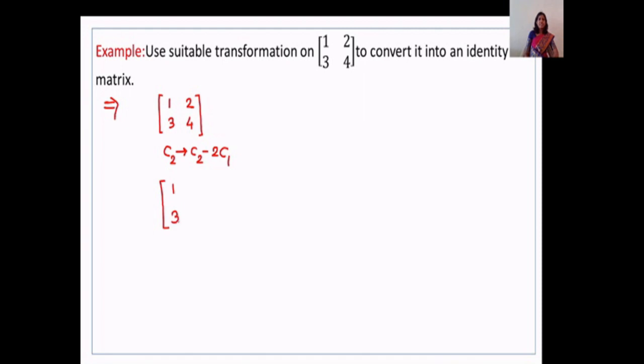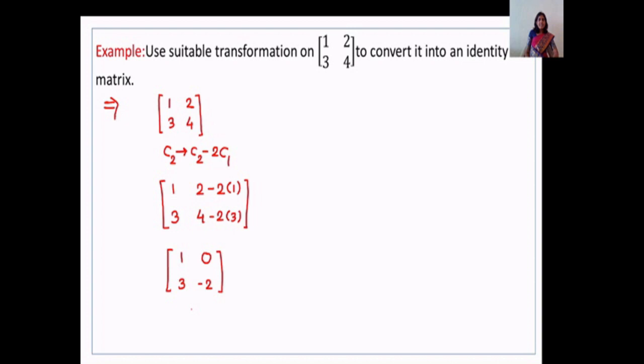What is C2? C2 is 2 minus 2 into, what is the corresponding C1? 1. Next, C2 is 4 minus 2 into C1, which is 3. So 1 and 3 as it is, this is 0 and 4 minus 6 which is minus 2.